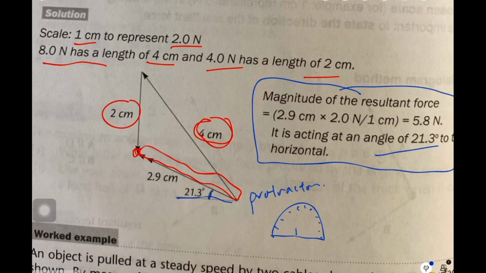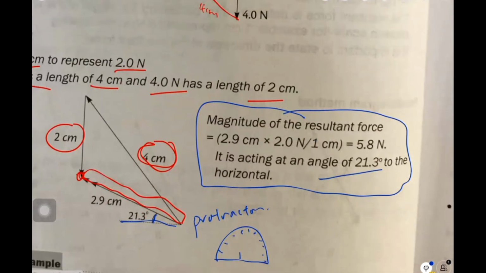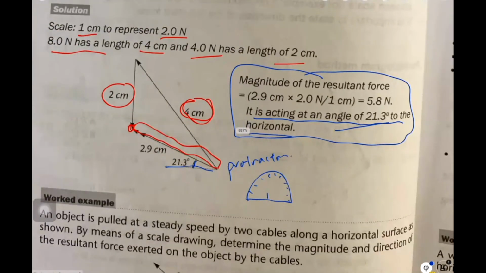Because it moved in this direction, and it's with respect to the horizontal. It went upwards. So this is just the description: acting at an angle 21.3 to the horizontal.